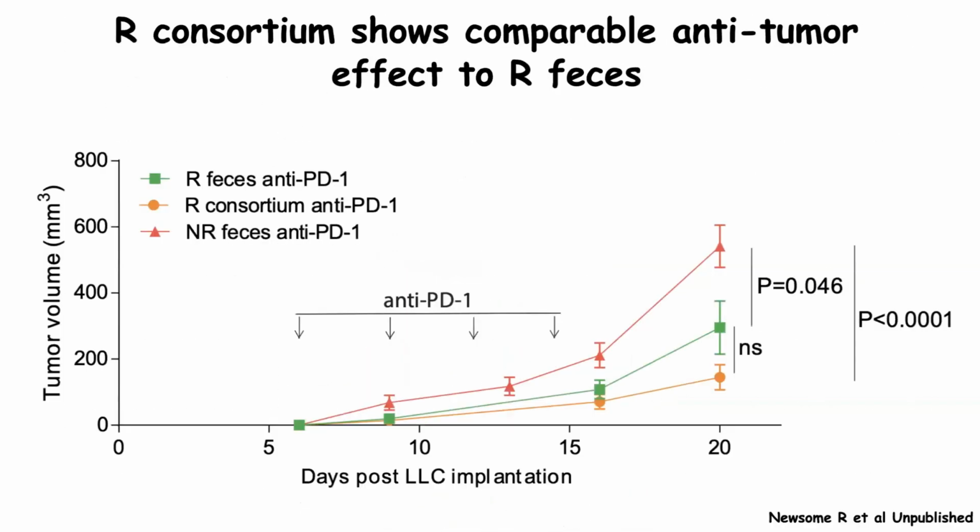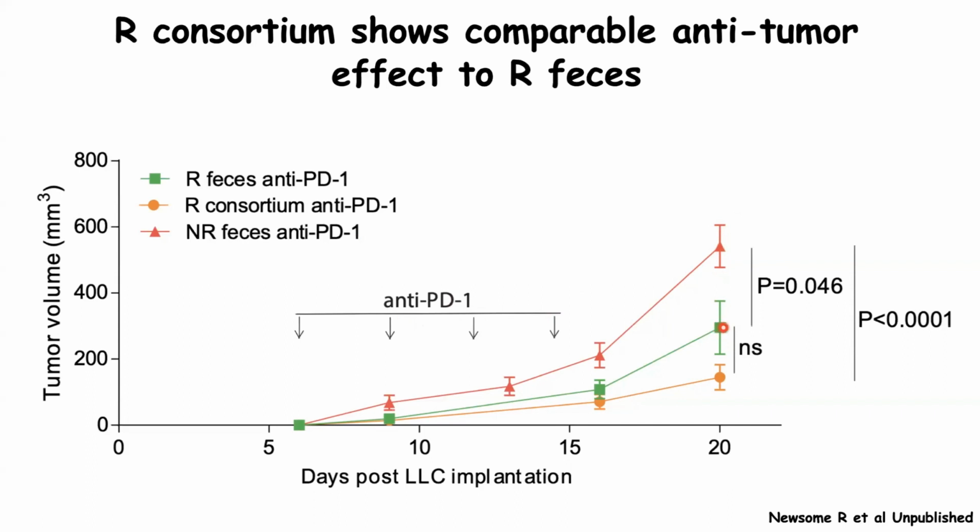And we took the consortium and did the same experiment I told you: took a mouse, put in the responder feces or the responder consortium that we built, or the non-responder feces, and associated that with mice and then treated with anti-PD-1. You could see here the tumors with the non-responder human feces, tumor growth. And now the responder feces, tumor shrink.